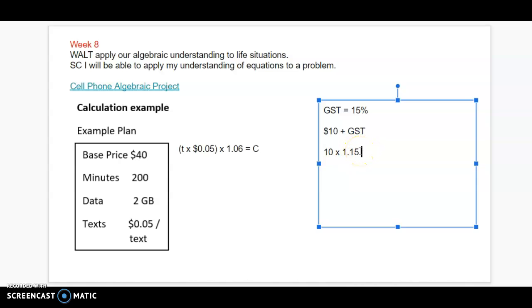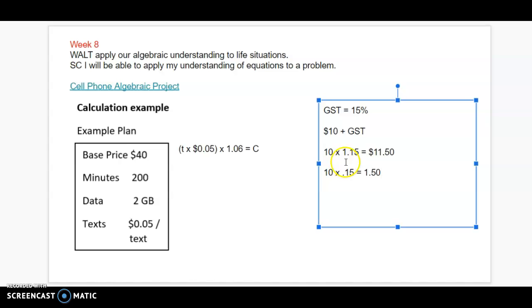This is the percent bit after the decimal. So 10 times 1.15 is going to be altogether $11.50. I had the $10 and I multiplied it just by the 15%, which would be 0.15, but it would equal $1.50.